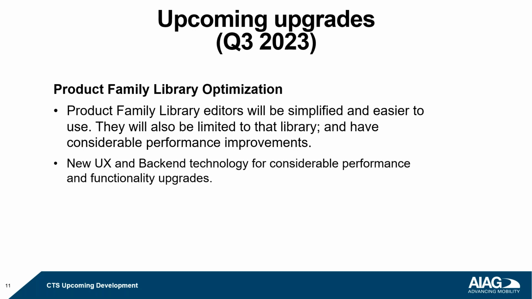It's a little bit up in the air, but we are very much trying to push as much as we can there to get that optimized, because we find that that's one of the bigger pain points, where companies are now adding a lot of records. There's another thing I'm going to get to in the third section for ongoing development for 2023, where we're adding a lot more editing functionality to give you better interaction and cooperation in the product family libraries. So bear with me when I get to that right after this, if you have questions about that particular one.